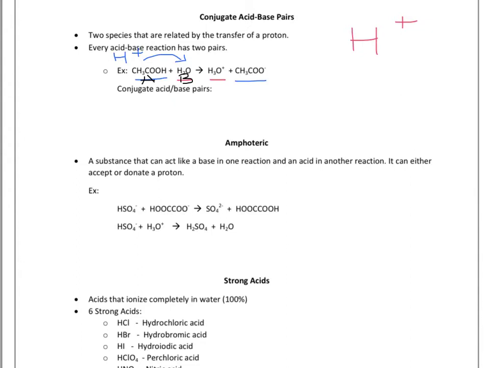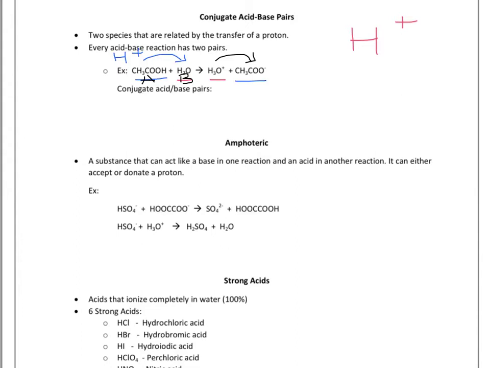If we were to reproduce the reactants, you should then see that the hydronium ion would have to give away the hydrogen to the CH3COO- ion in order to reproduce acetic acid. Therefore, H3O+ on the product side is acting as the acid.